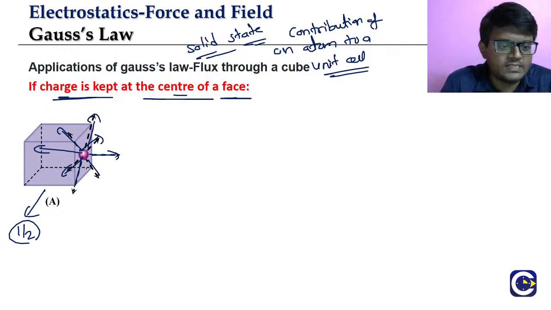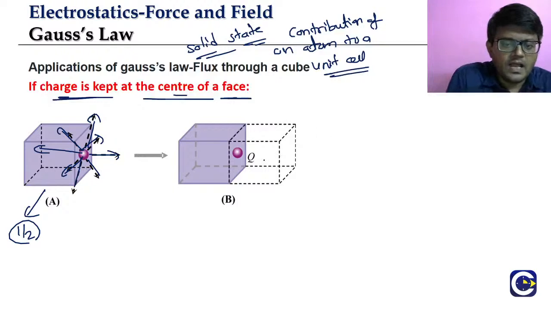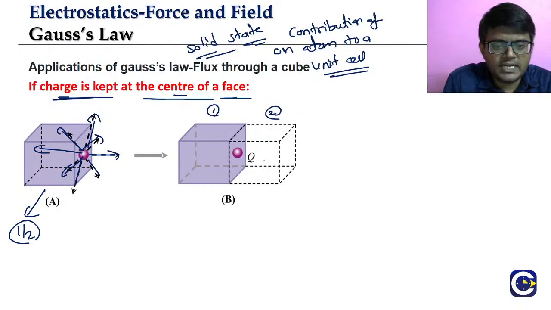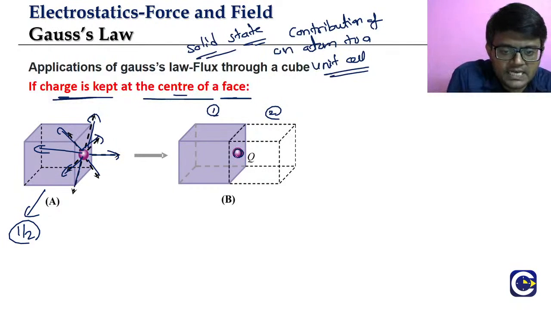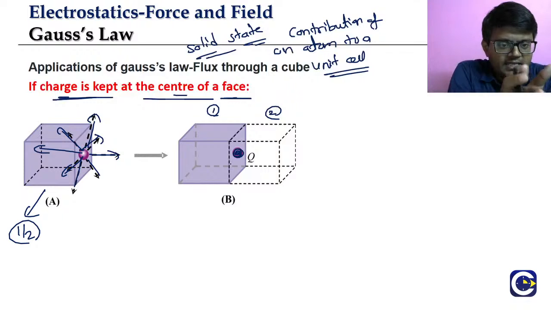But see how we can execute that enclosed surface. If we keep one more cube on that side, since we already have one cube here, so that now this charge is totally inside. Now we don't have one cube, we have two cubes. It is the face center, so you keep one more cube on this side, and the charge's position is now inside this enclosed surface.